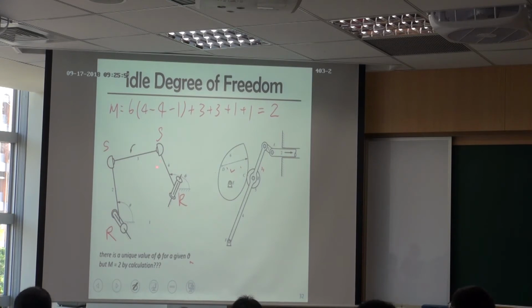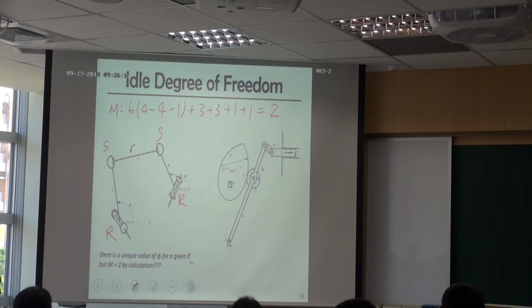So it works like mobility equals 1 rather than 2. If you build this one and try to move it, once you move theta, phi will also be defined.